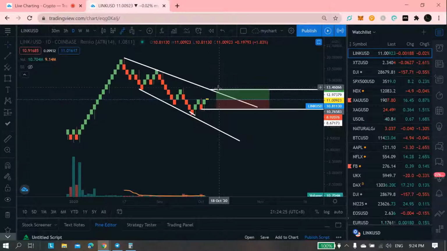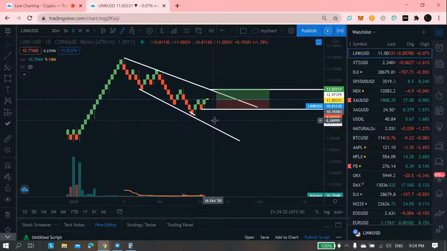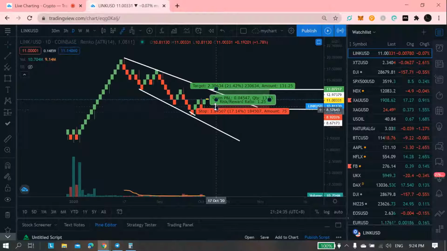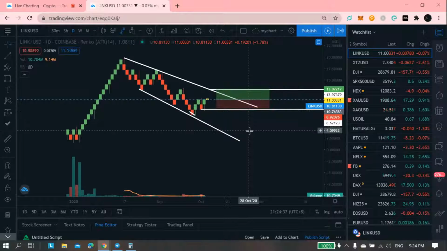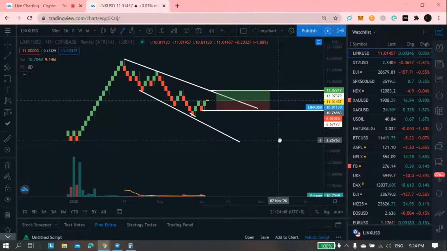If it breaks out, or serves as a resistance and pulls back, it might possibly retest this support area, around 8.67. So yeah, I think that's it for now. I'll just enter a trade when I see a more attractive reward.